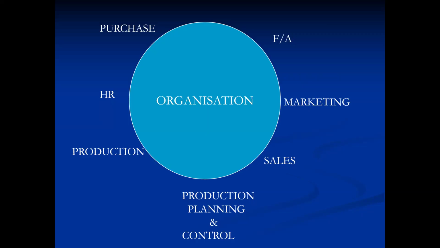So in order to see that the organization runs smoothly, the top management has to spend a lot of its time on bringing coordination among these departments. Because of this, the top management cannot have sufficient time to concentrate on the performance analysis and the strategic decision-making process.